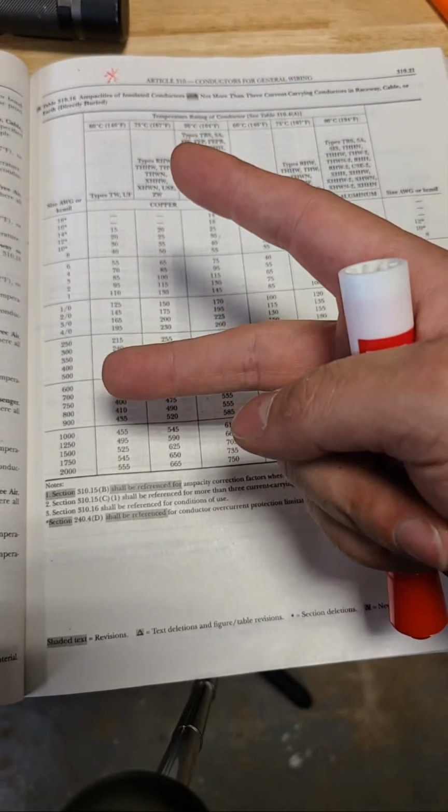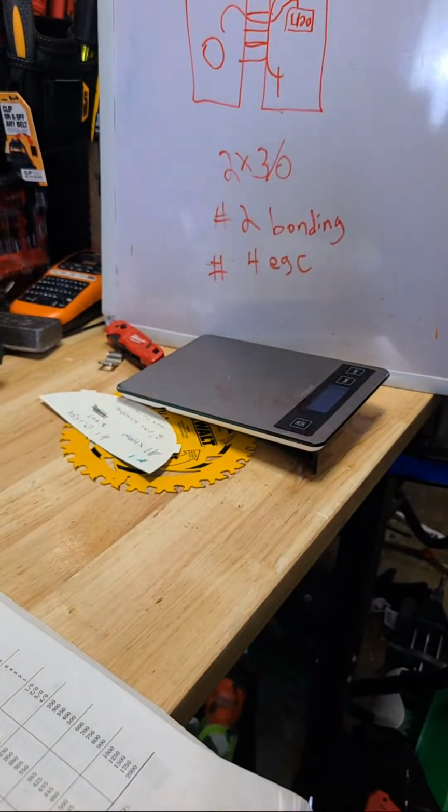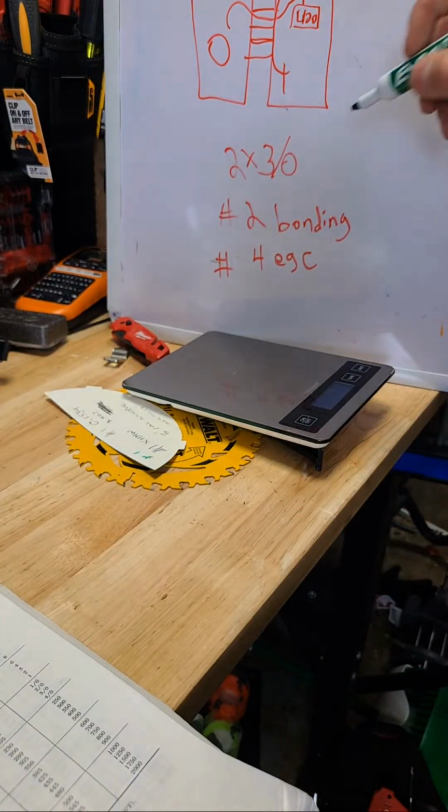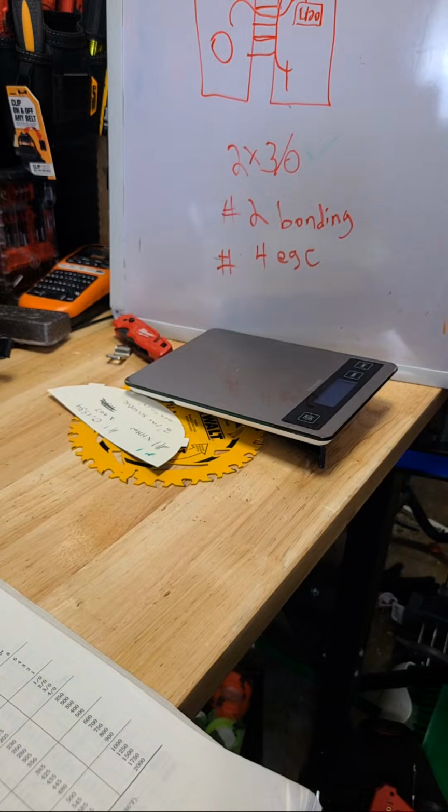So 2 times 200 is 400 amps. So this one gets a check mark. That one's good.